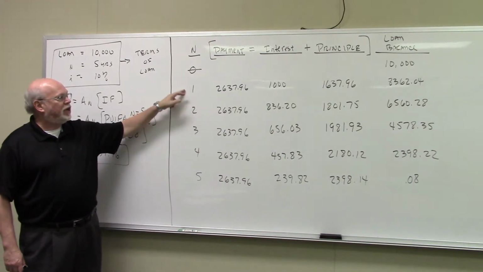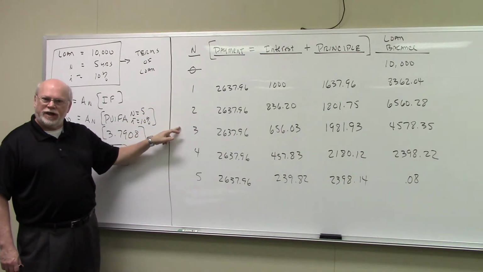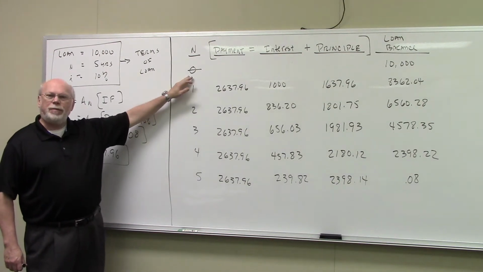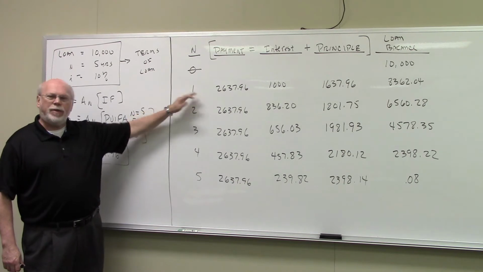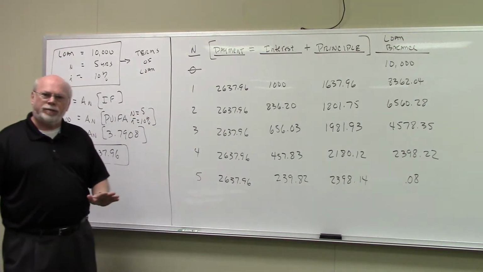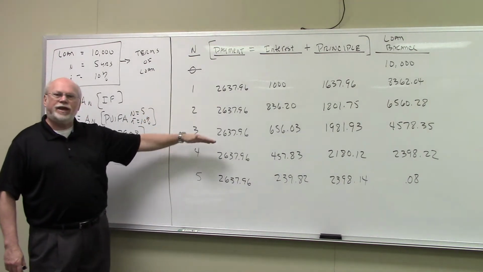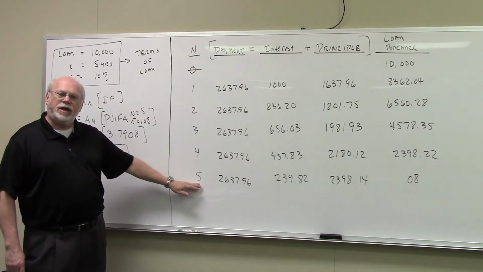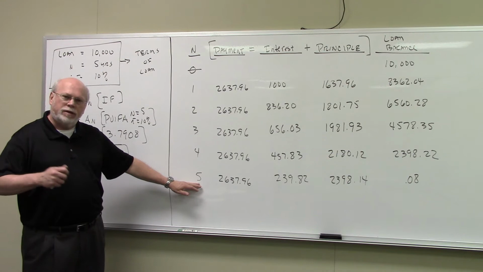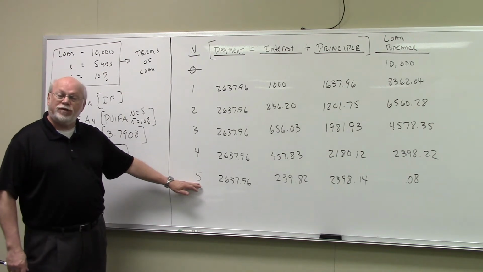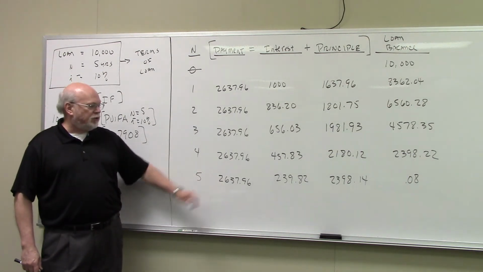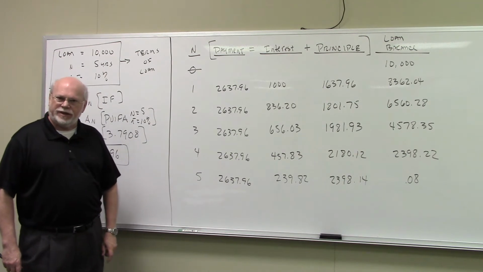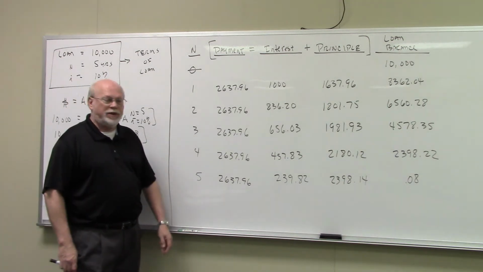That is, the payments come at the end of every time period. So you don't make a payment at time period 0, you make a payment one time period later. And that occurs at the end of every year for 5 years. So your last payment is going to be December 31st, year 5, and you're going to pay them $2,637.96. That's when the last payment is.